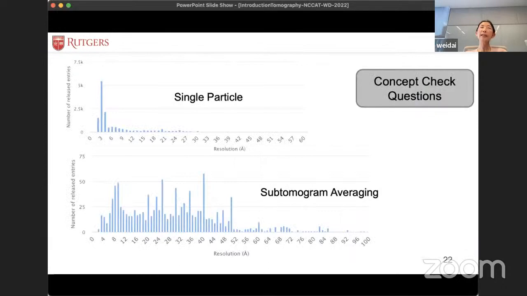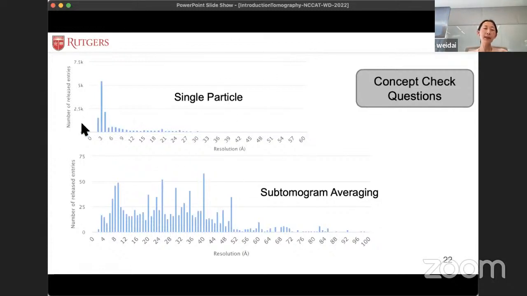But let's think about subtomogram averages versus 3D maps from single particle. So for example, the top plot is a resolution plot of 3D maps deposited into EMDB, resolved by single particle analysis.